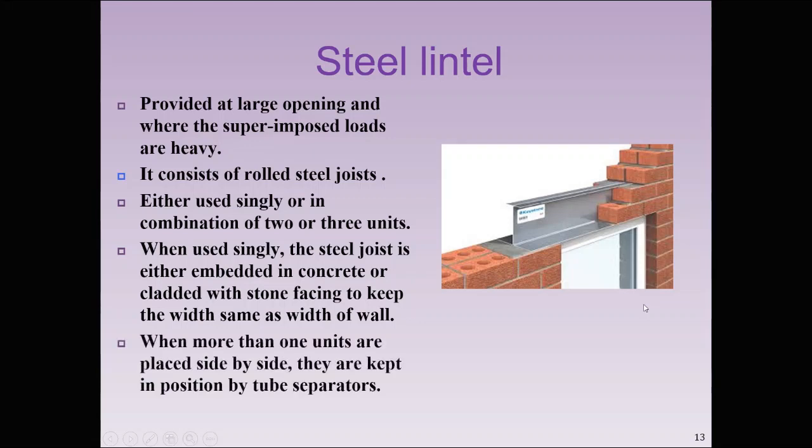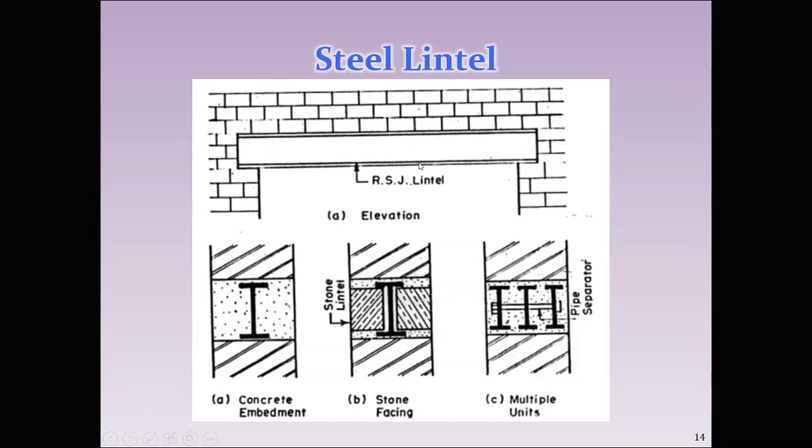And when more than 1 unit is placed side by side, they are kept in position by tube separator. It can be shown in the next slide. So this is the elevation of rolled steel joist lintel. This is a rolled steel joist lintel used in brick masonry. And when we use a single I section rolled steel joist, we can embed this in concrete, and this will make a very strong lintel.